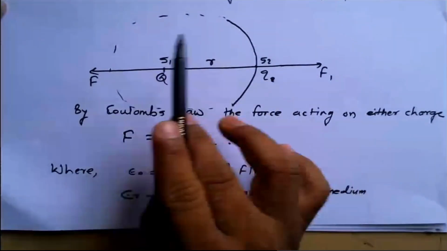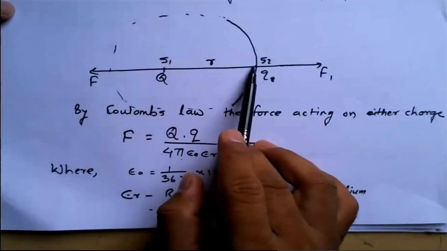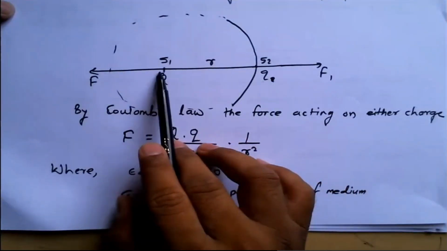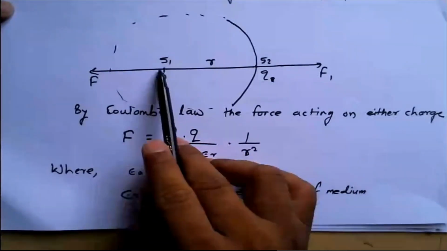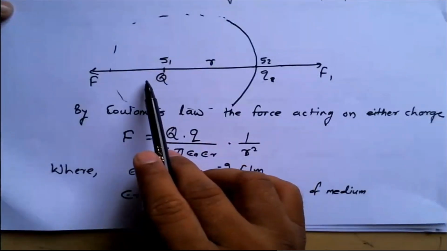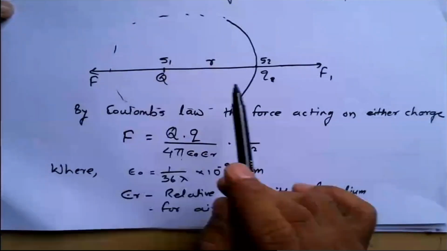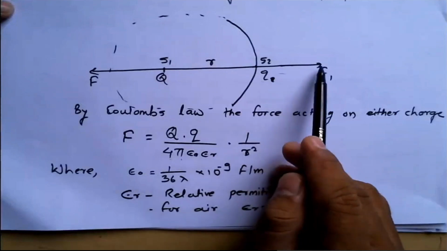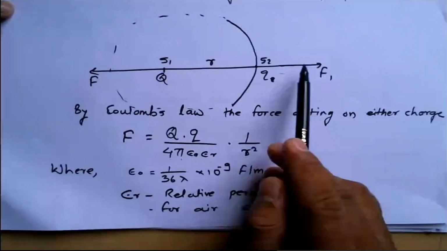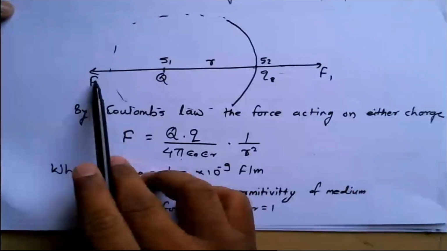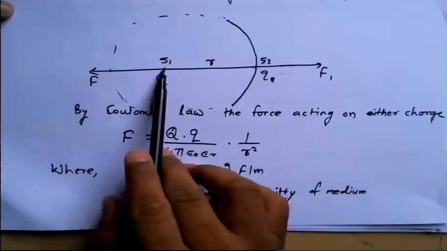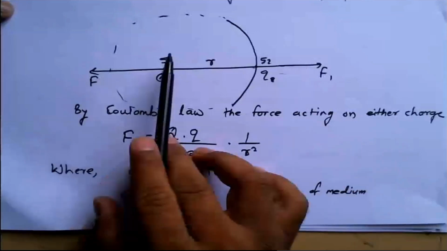It is placed on the surface of the sphere, which is at a distance small r from the point S1. At point S1 there is a positive charge capital Q placed. So this is the tangential force acting at point q, and this is the force which is acting at capital Q, that is point S1.